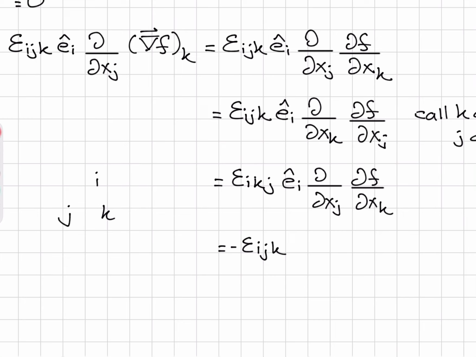So if I go from i towards j and k, this is going to be in the negative direction. So here is the minus direction. So this is going to be minus epsilon ijk ei hat del xj del f del xk.